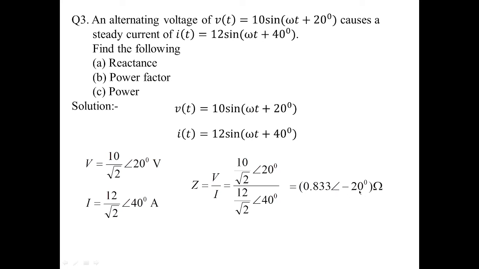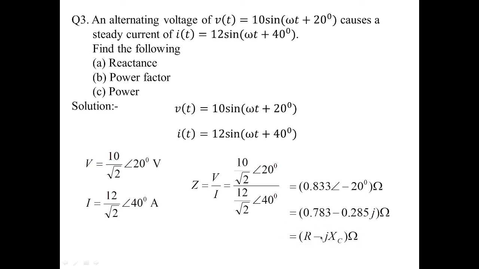So how do we convert this in terms of reactance? Let us see now. So just change this value of the polar form into rectangular form. Polar form is changed to rectangular form, whose value is 0.783 minus 0.285 j. Now this represents R minus jXC ohms.